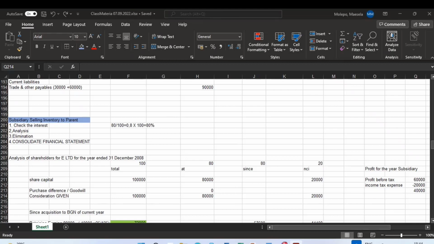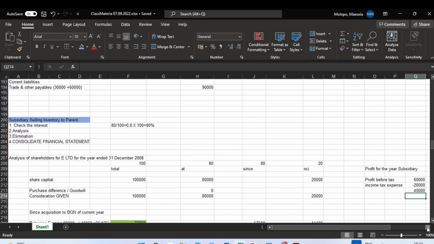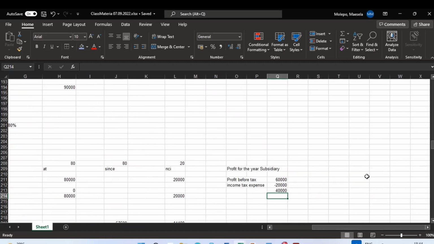And then, remember, now we are dealing with things for the end of the year. If this inventory was not sold at the beginning, now it's going to be sold like I did before. Last time, if you still remember, we had A Limited, which we decided to be D Limited and E Limited.